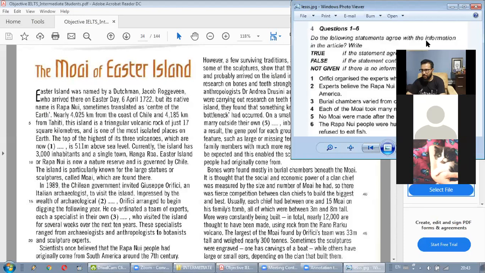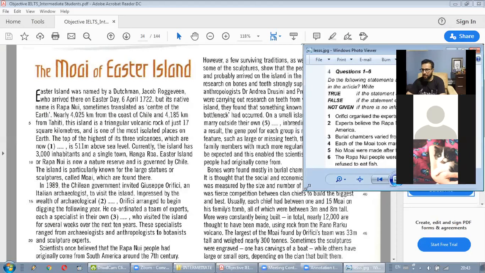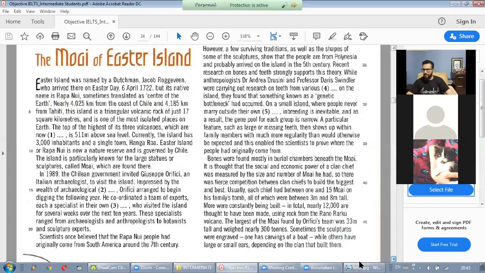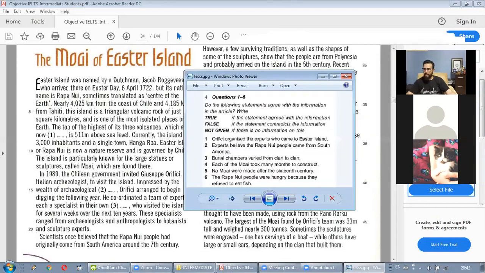Can you see the questions now on the right side? Yes. Rima, can you see them? Yes. Okay, so we will start like this, and then when you get to the right side, just let me know, and I can move it to the other side.